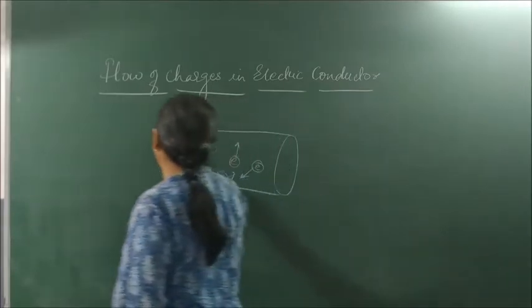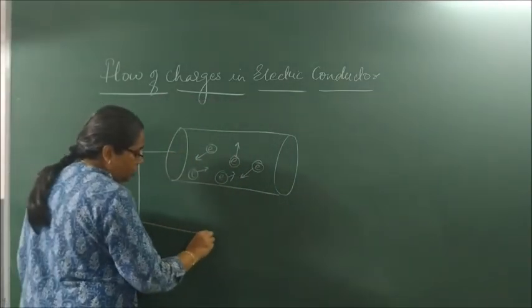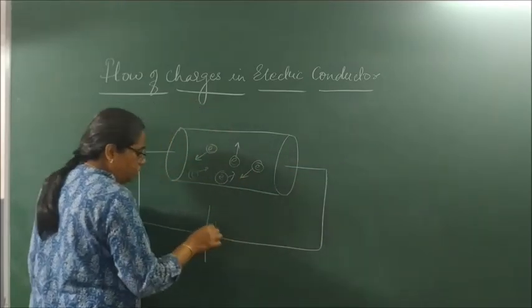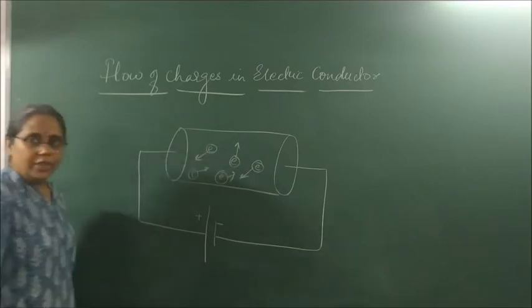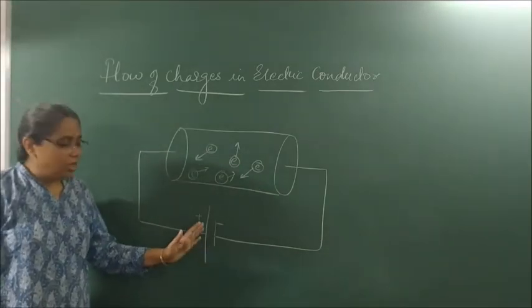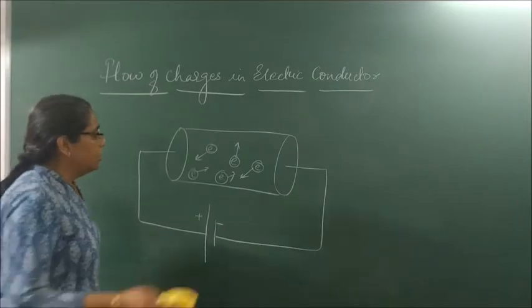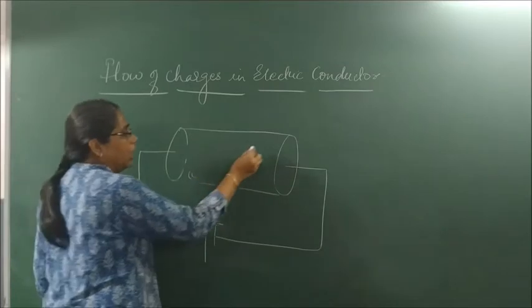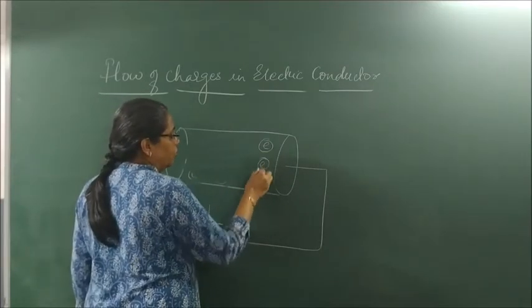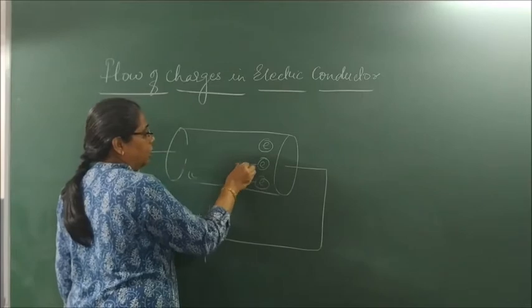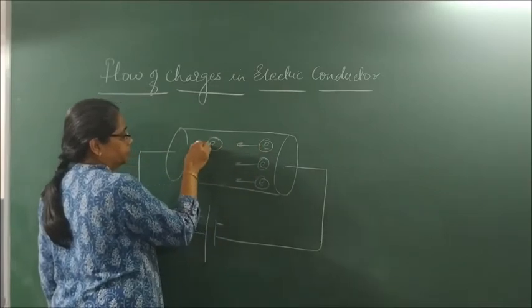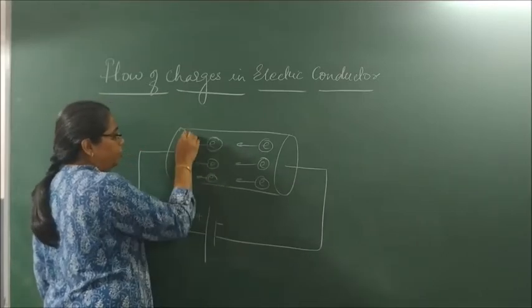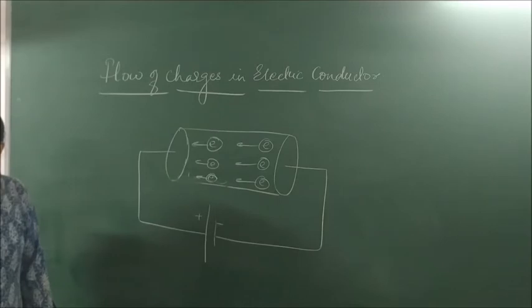But when this conductor is connected to a cell or a battery, you will find the electrons arrange themselves. Electron is negatively charged, so it moves away from the negative part of the cell. Now, the moment it is connected to a cell or a battery, electrons always flow from the negative terminal to the positive terminal.